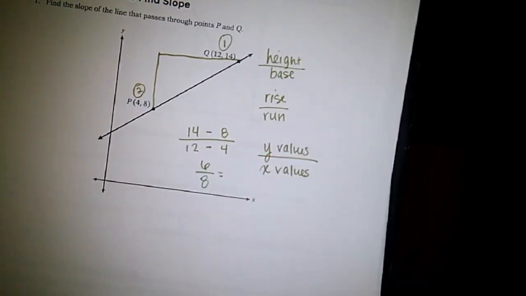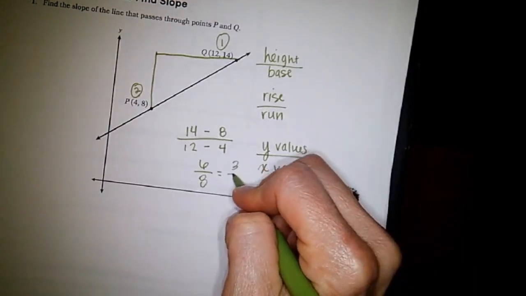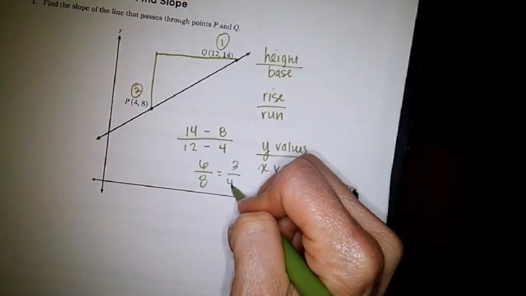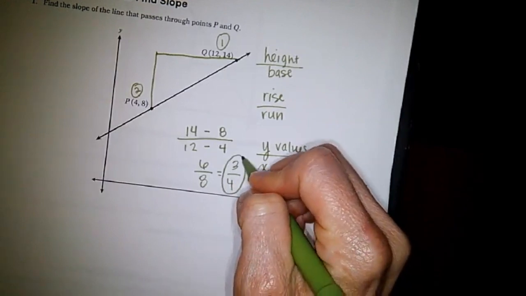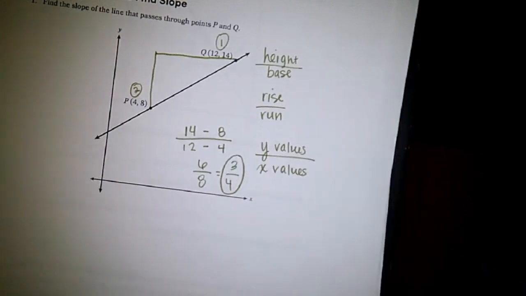Can we simplify? Divide them both by 2. 6 divided by 2 is 3. 8 divided by 2 is 4. Look what our slope is. Ta-da!